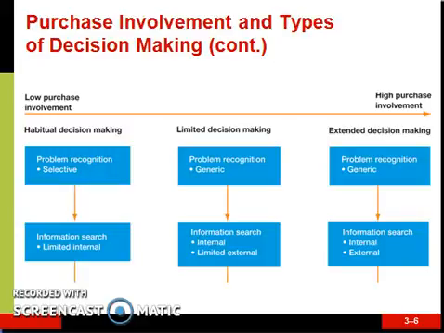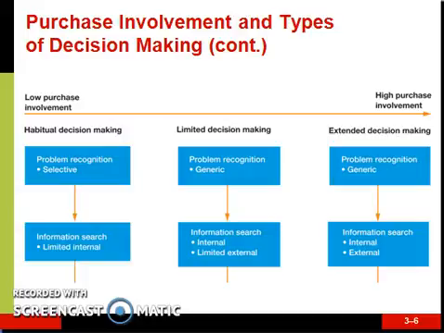Habitual decision making is in effect no decision at all. A single brand choice can solve the problem and requires very little searching for information. Extended decision making is at the other end of the continuum, where a number of brands within the product category can reduce the discrepancy between the actual state and the desired state.